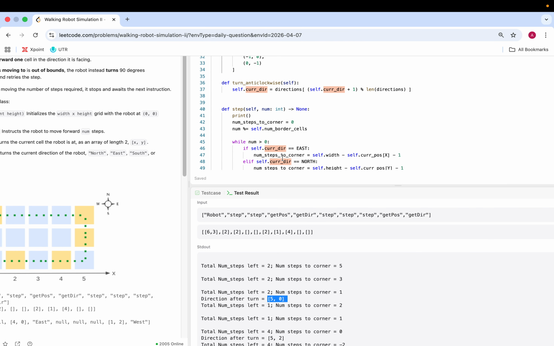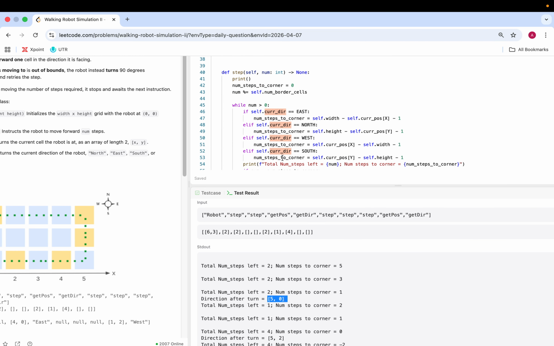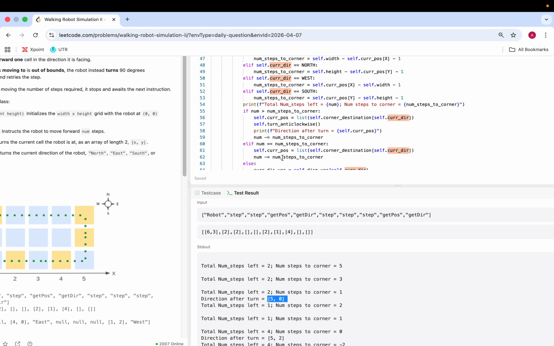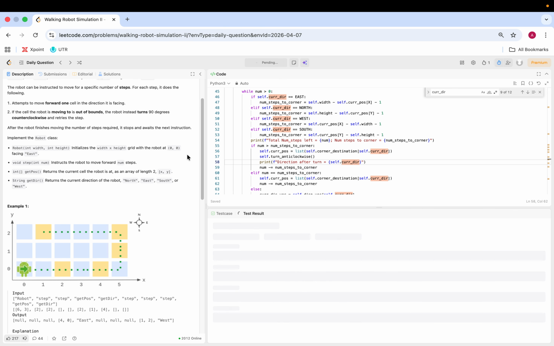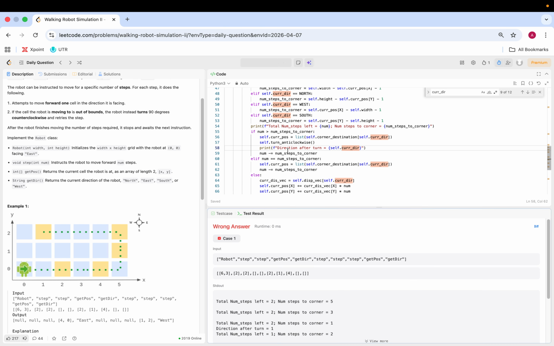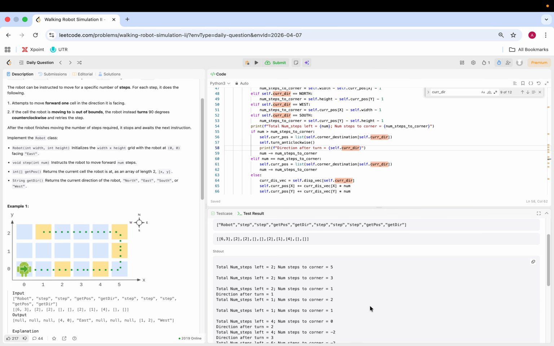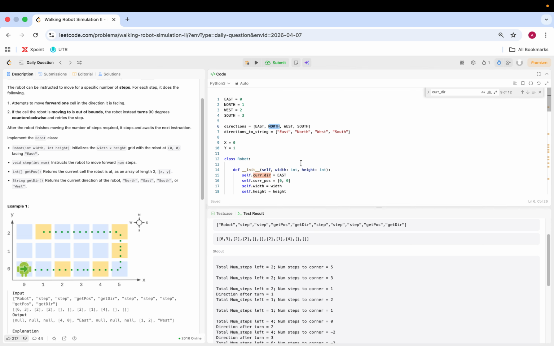Did I say current position? Oh, I'm silly. Direction after turn is 1. North. Okay, so that did work.